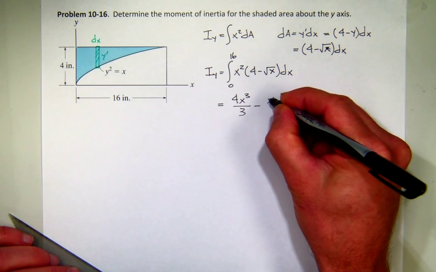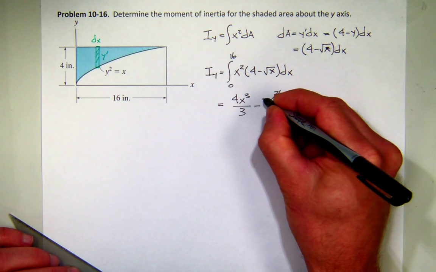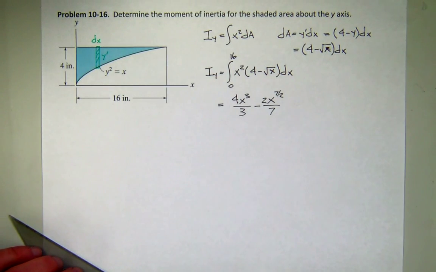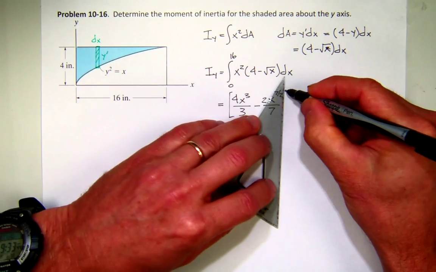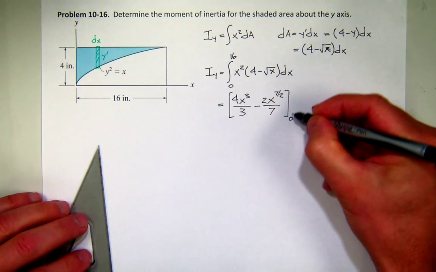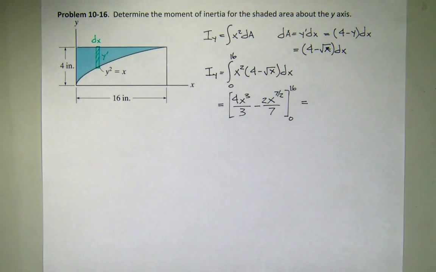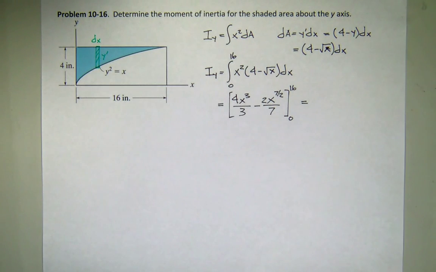That will be x to the 7 halves divided by 7 halves. And we'll evaluate that from 0 to 16. Put 16 in there and do all that, what do you get?